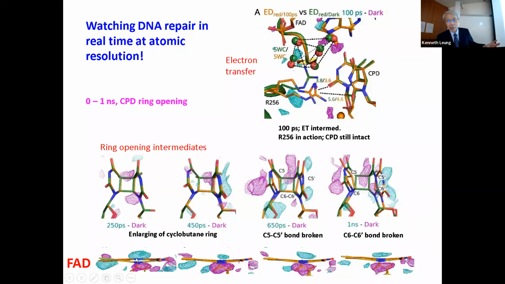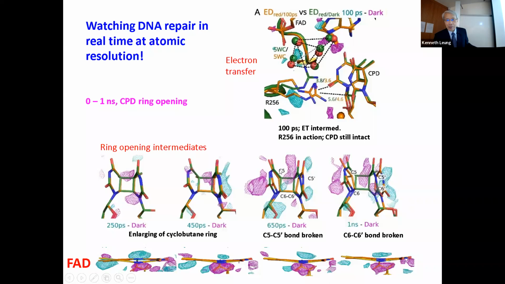So this means electron transfer has occurred, because that's what we learned from the previous study, that when FAD changes conformation, that signals some electron transfer. And then also this substrate is probably negatively charged now because of the electron transfer. Therefore, the arginine is moving here to neutralize it.